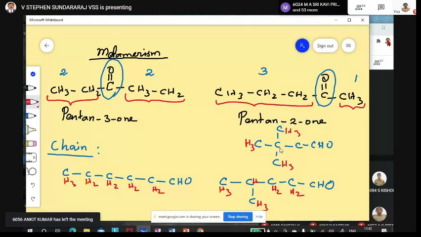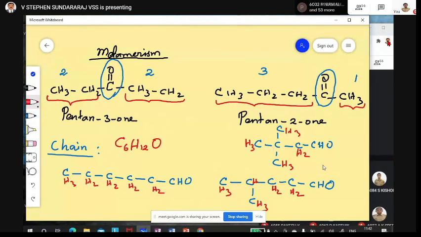Now look at the molecular formula. Total number of carbon is C6. H is 9, 11, 12. You see here also 12. 9, 10, 12, here also 12. So the molecular formula is the same, but the structural formula is different.